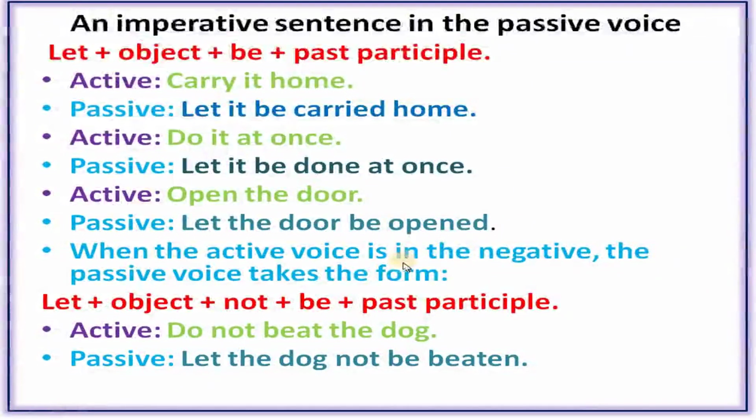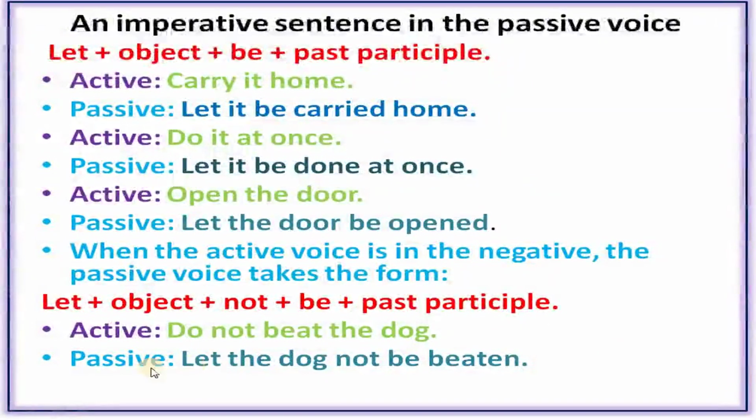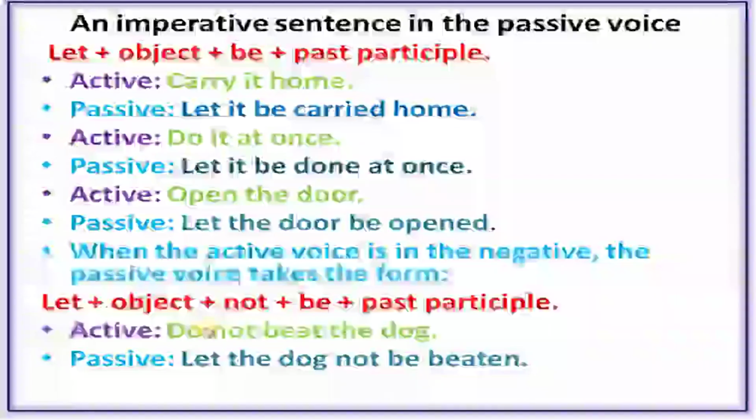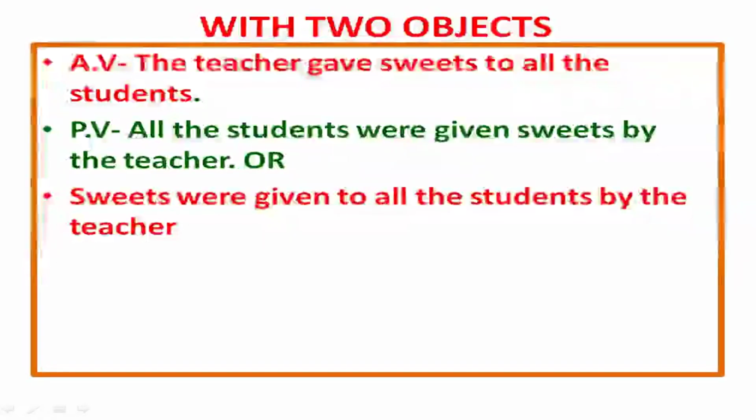When the active voice is negative, the passive voice takes the same form, only with negation. "Do not beat the dog." The passive form is "Let the dog not be beaten."